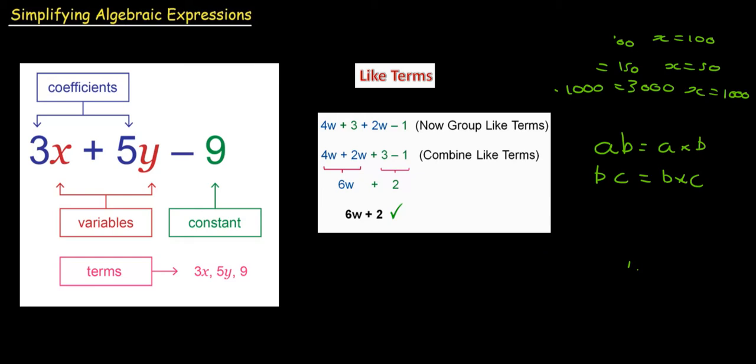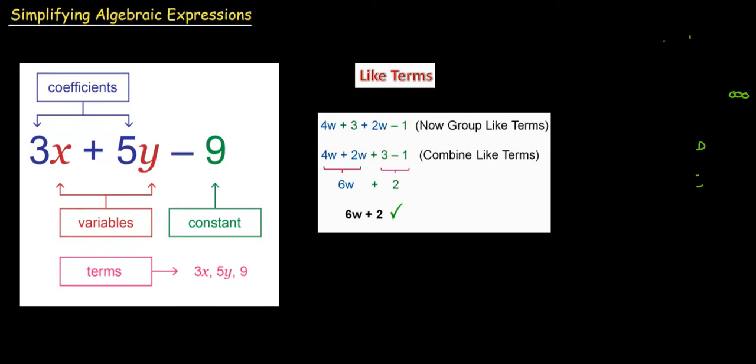So we've written down a basic algebraic expression, 3x plus 5y minus 9. And we've said that the 3 and the 5 are coefficients, the x and the y are variables, and the negative 9 is also a term, referred to as the constant term.